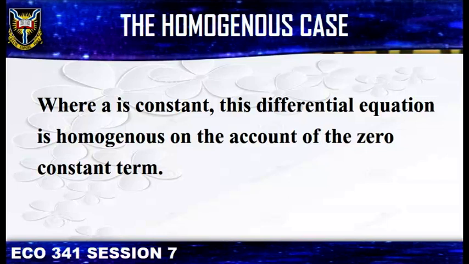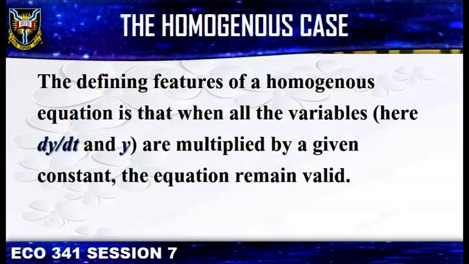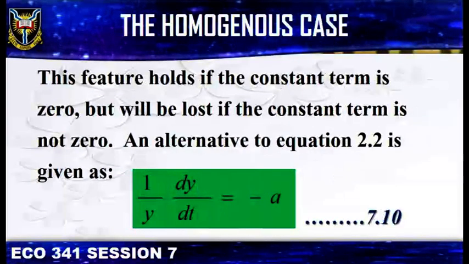This differential equation is homogeneous on account of the zero constant term. The defining feature of a homogeneous equation is that when all the variables here, dy/dt and y, are multiplied by a given constant, the equation remains valid. This feature holds if the constant term is 0, but will be lost if the constant term is not 0.